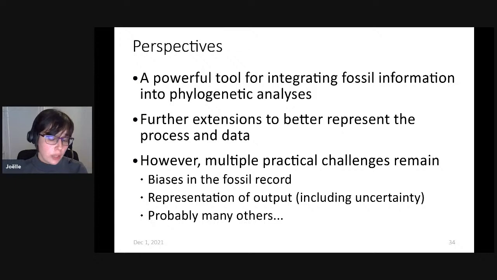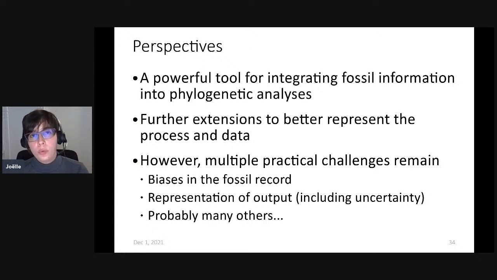I think another challenge that's going to be more and more present as well is the representation of output. A lot of the challenges I've presented turn around including uncertainty that's coming from the data into the inferences. But there is also uncertainty that's coming from the Bayesian inference, and that needs to be represented accurately at the end of the inference.